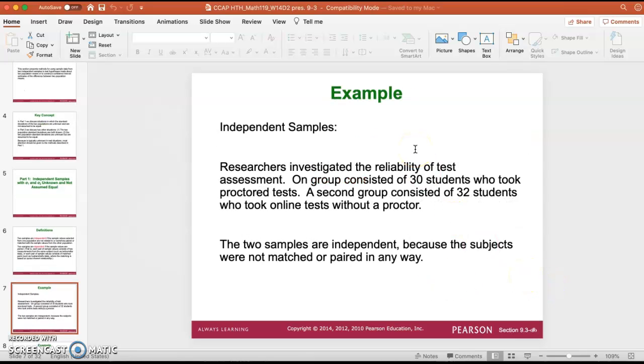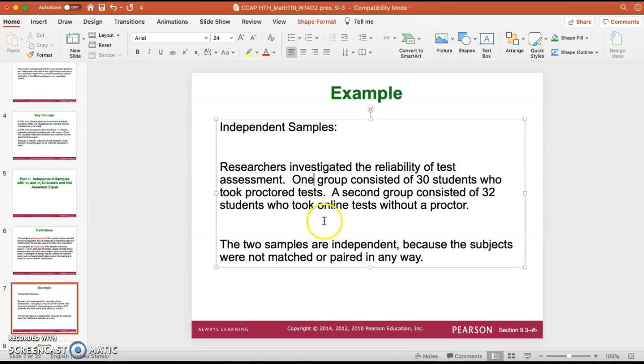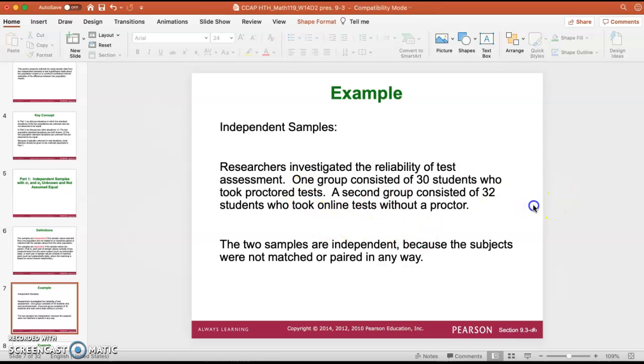There are some examples of independent and dependent samples. For independent samples, researchers investigated the reliability of test assessment on one group consisting of 30 students who took proctored tests, and a second group consisting of 32 students who took online tests without a proctor.